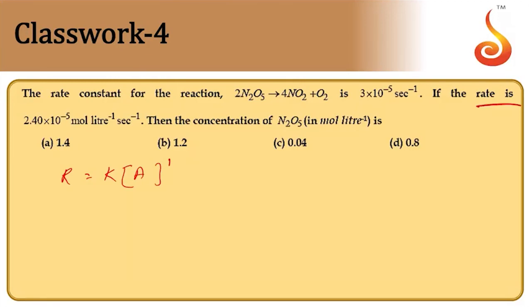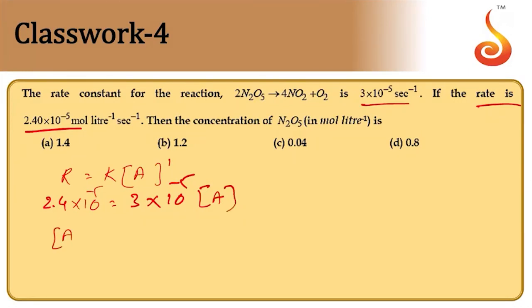Rate is 2.4 into 10 to the power of minus 5, and rate constant is 3 into 10 to the power of minus 5, into concentration of A. Therefore, concentration of A will be equal to 2.4 into 10 to the power of minus 5 by 3 into 10 to the power of minus 5.